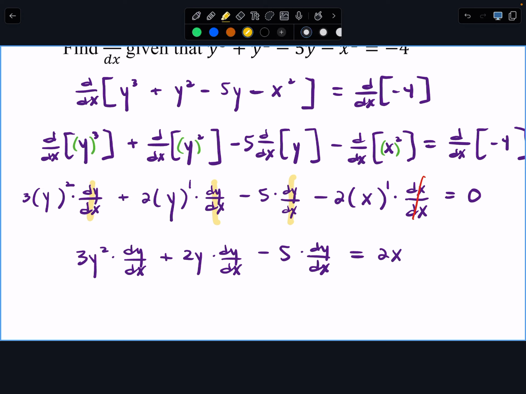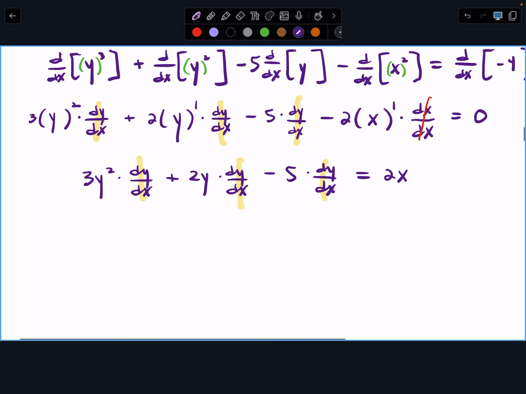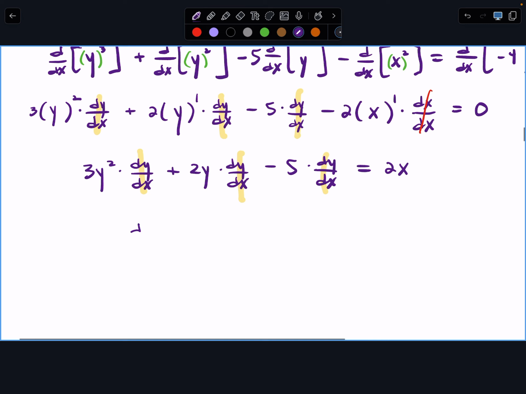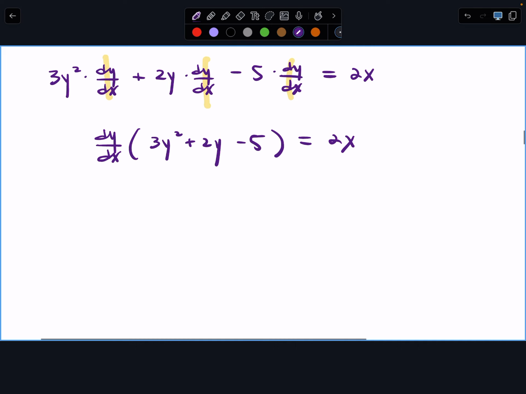And then from here, we have a common factor of dy over dx that we can factor out. And then to finish isolating dy over dx, we can divide on each side of the equation by the multiplication property of equality.